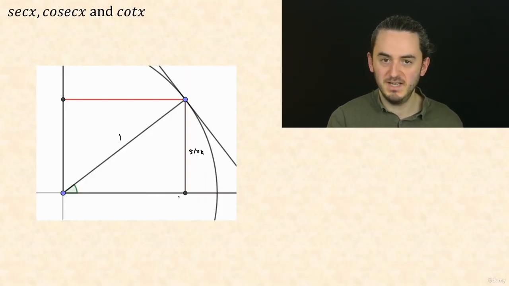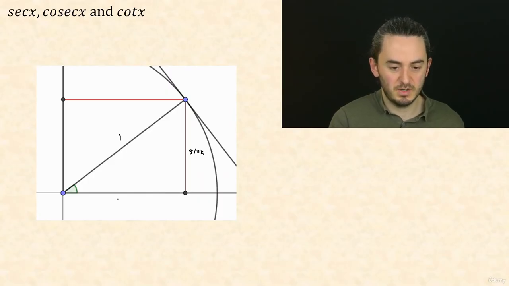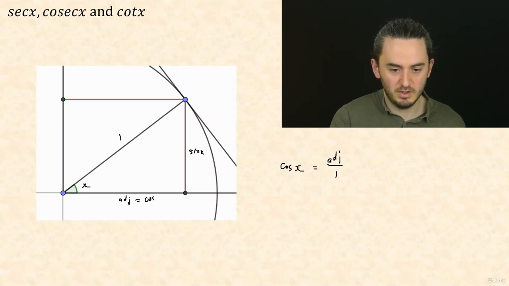Now, there are many different ways to do this. Using trigonometry, I'm interested in this adjacent side, and I know that cos of angle x is the adjacent divided by the hypotenuse, which is just 1. So the adjacent just is cos x. So this is cos x.